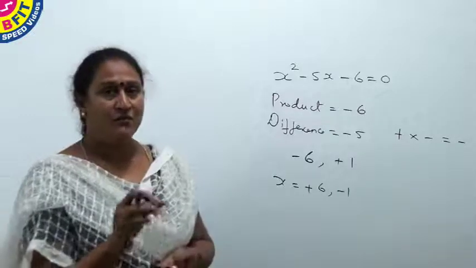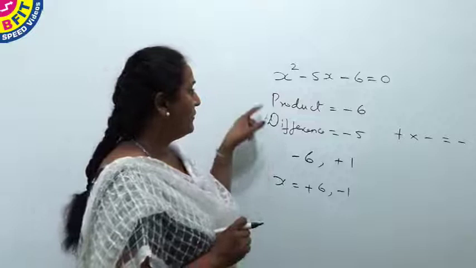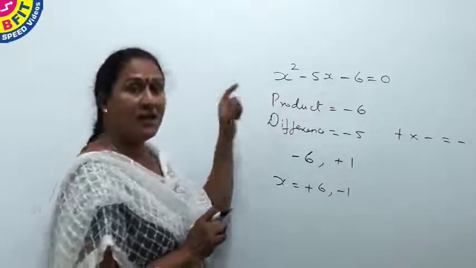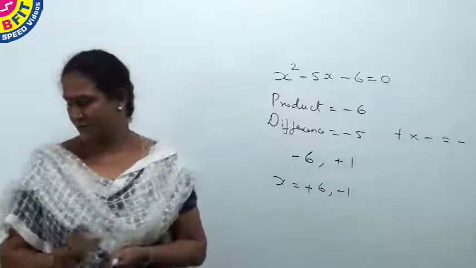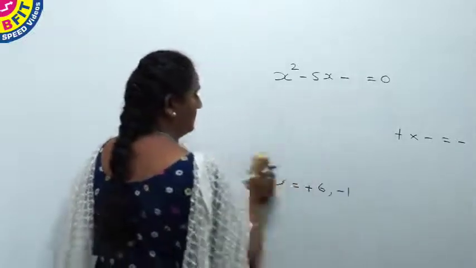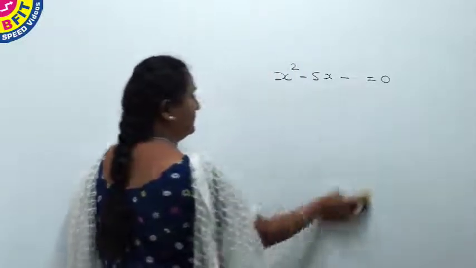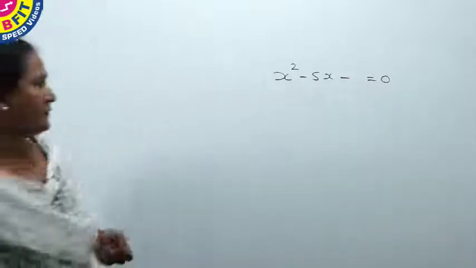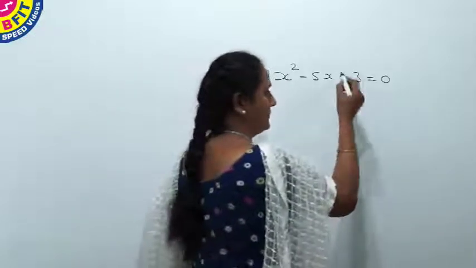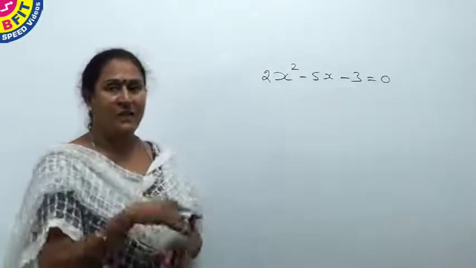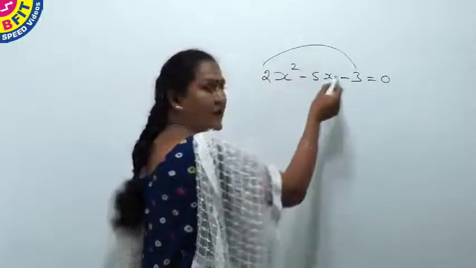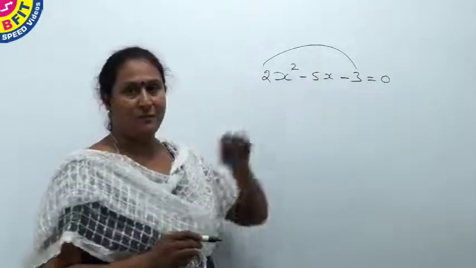So student, so far we have seen how to work out when the coefficient of x square is 1. Now we'll see how to work out if you have a coefficient other than 1. So if x square has coefficient 2 and the constant term is 3, again we have to choose two numbers where the product should be the product of the coefficient of x square and the constant, which is again minus 6.